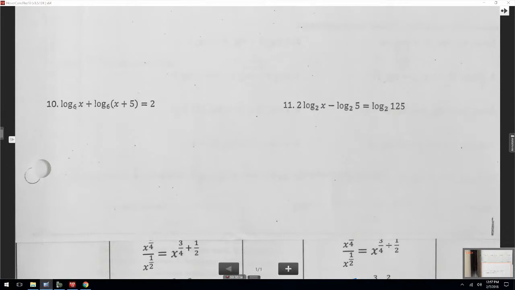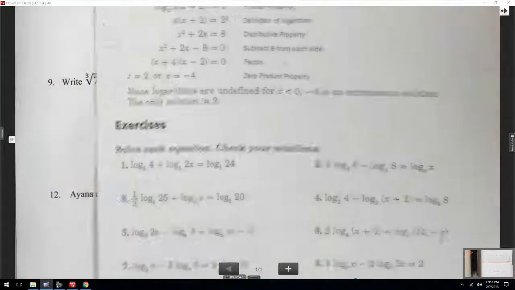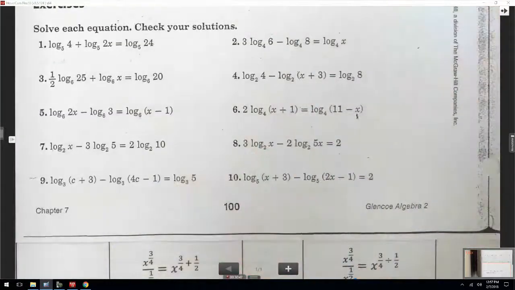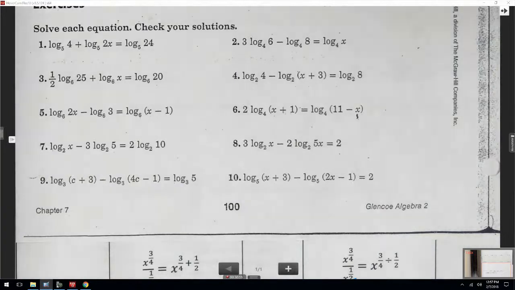On the back page, 1 through 10. I want you to look at number 7. Does that x minus 3 have parentheses around it?